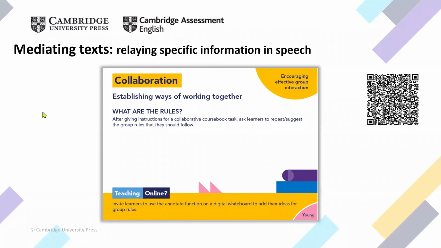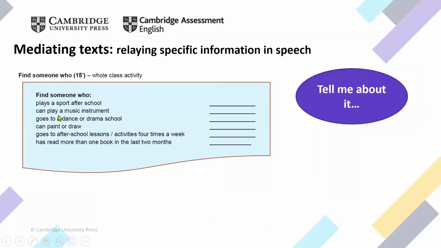Another very nice simple speaking activity, perhaps for our lower students, is the Find Someone Who activity, which I've used with all ages and levels. Here we just ask our students to find someone who has done these activities and, expanding it a bit, to tell them about it.